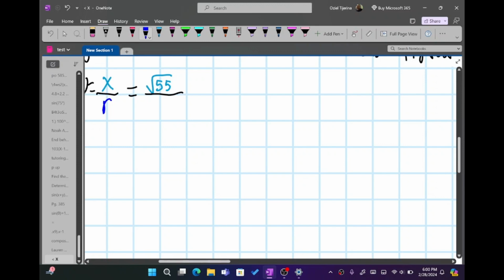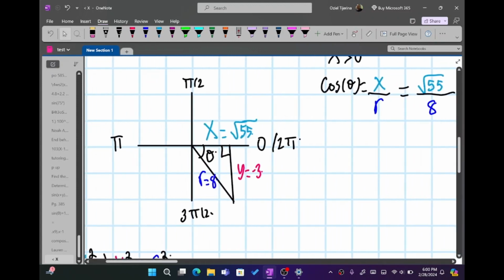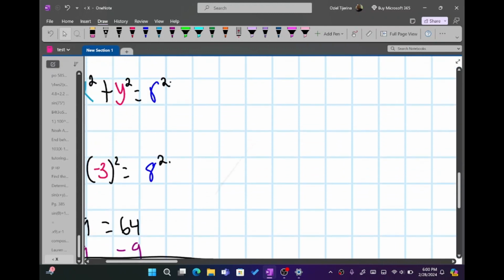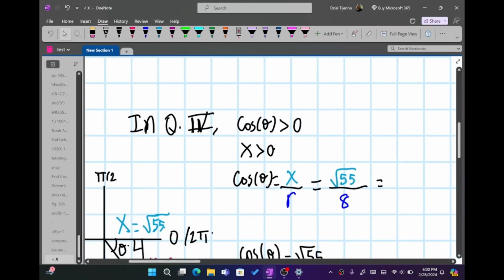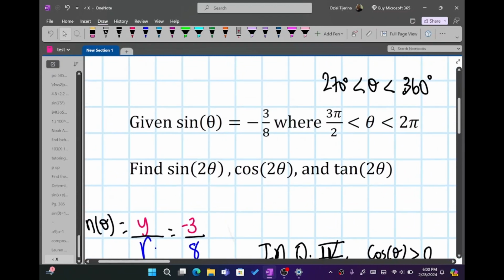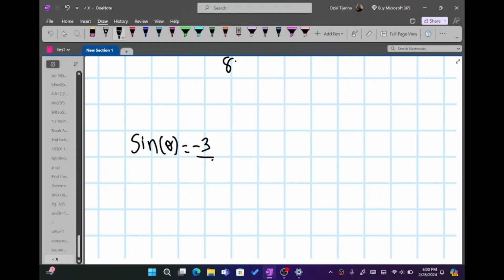So this is what we're gonna get. And so we know that cosine theta is positive, so I know that cosine theta is therefore square root of 55 over 8. And then again, we have that sine theta. We were given that. We said sine theta was negative 3/8.